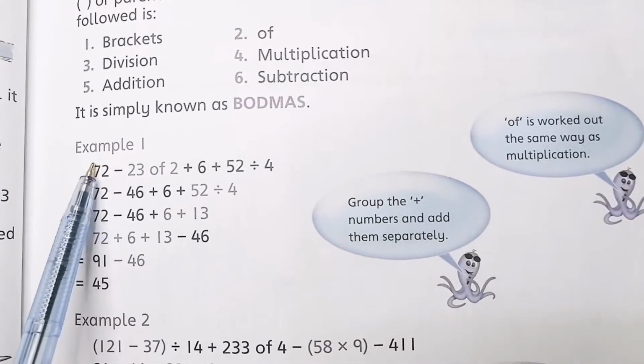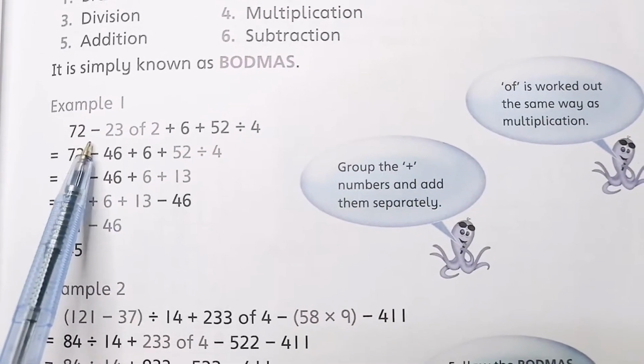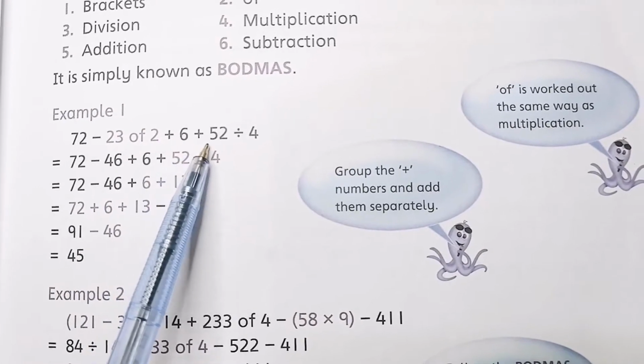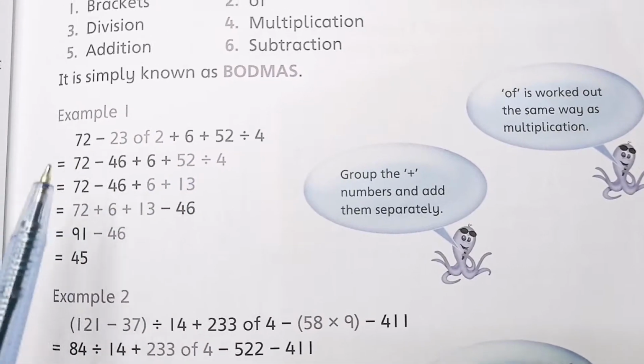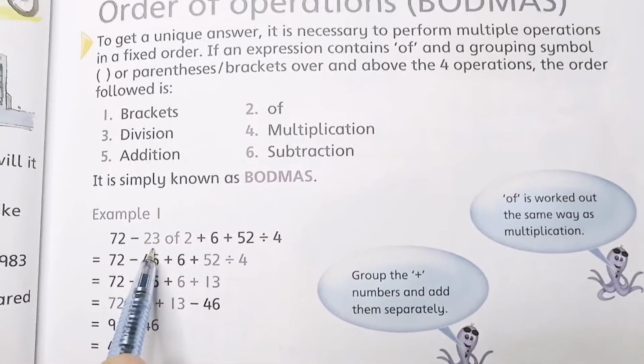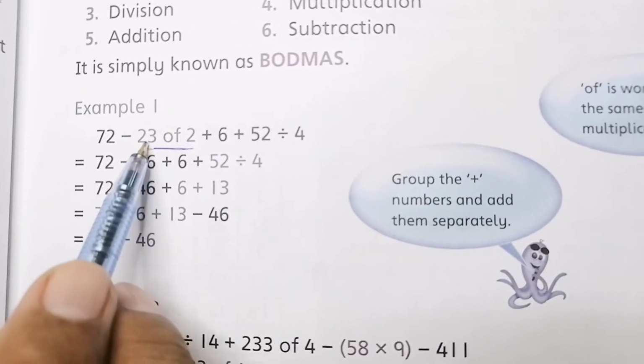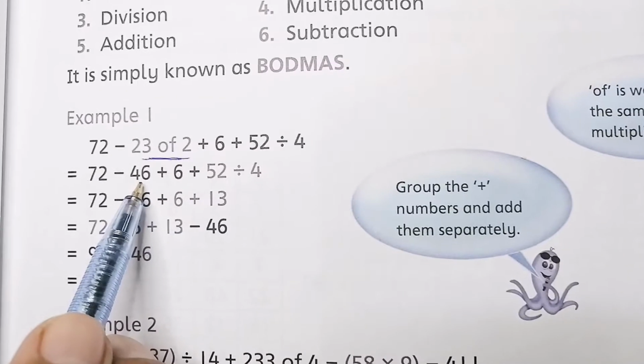So example number 1, you can see 72 minus 23 of 2 plus 6 plus 52 divided by 4. So here, 23 of 2. So 23 we will multiply with 2, right? So it becomes 46.